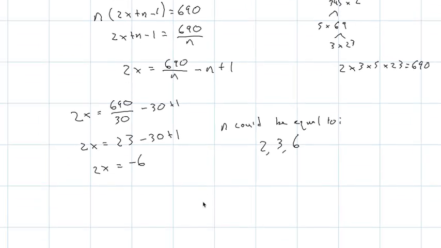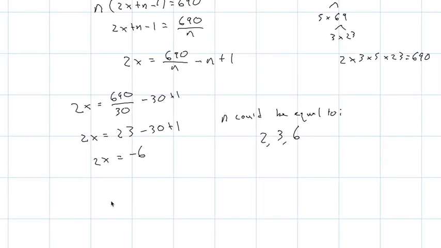So n, when the instance is true that it stops working when n is greater than 690 over n plus 1. So n couldn't be up to 30. It could be 23.